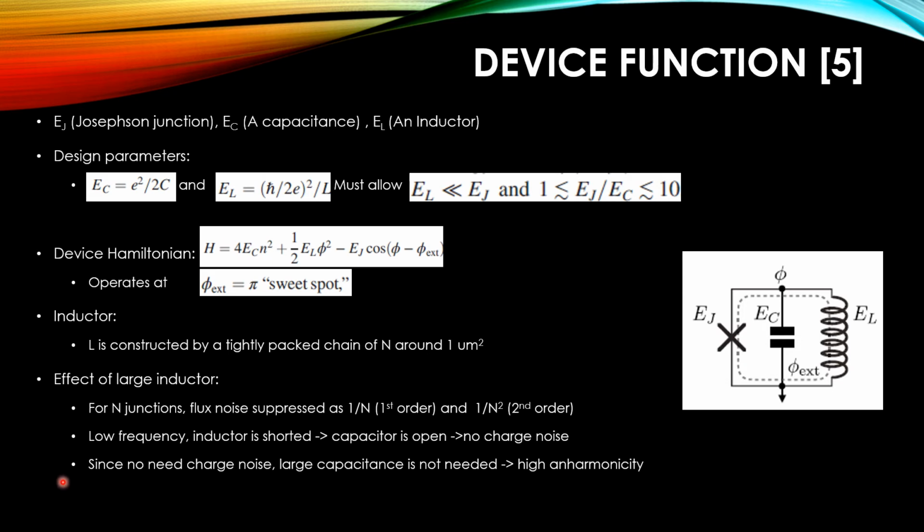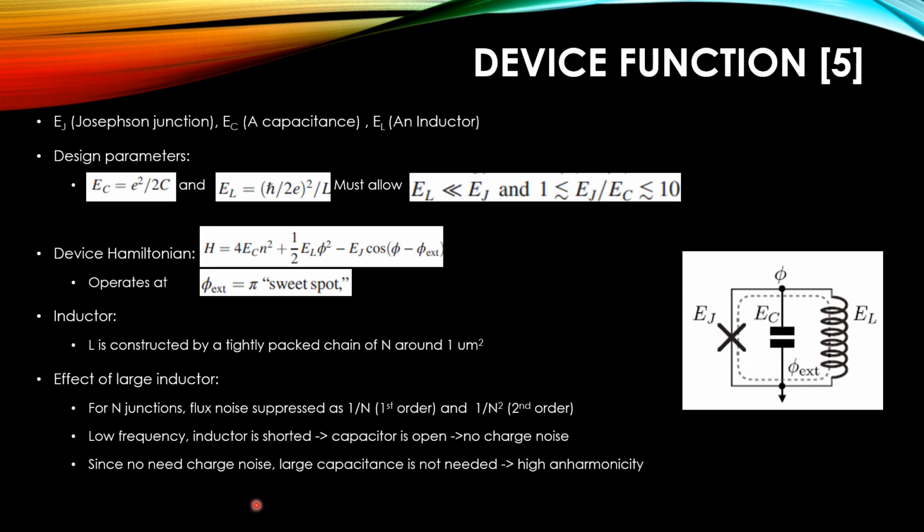And in circuit analysis, for low frequency, we can see from the impedance equation, the inductor has very small impedance, so it's basically shorted, and the capacitor has a very large impedance, so basically it acts like an open circuit. And the result is that there will be no charge noise.